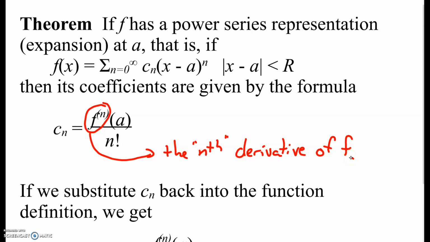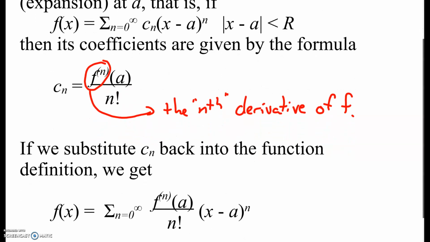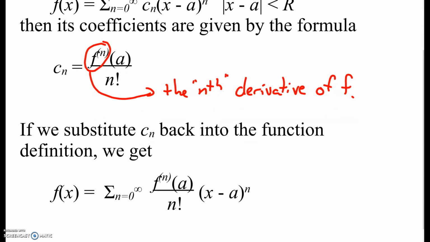If we go back to our original summation and plug that in for c sub n, then we get f of x is equal to the sum n goes from 0 to infinity of the nth derivative of f evaluated at a divided by n factorial, all times the quantity x minus a to the power of n.